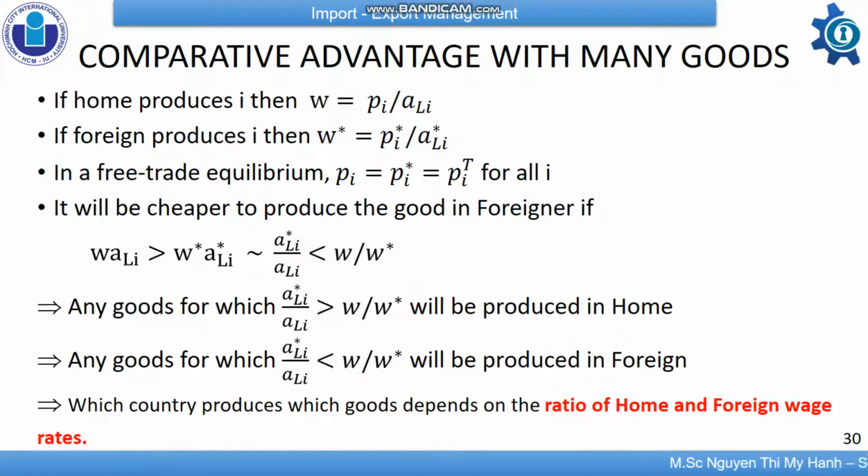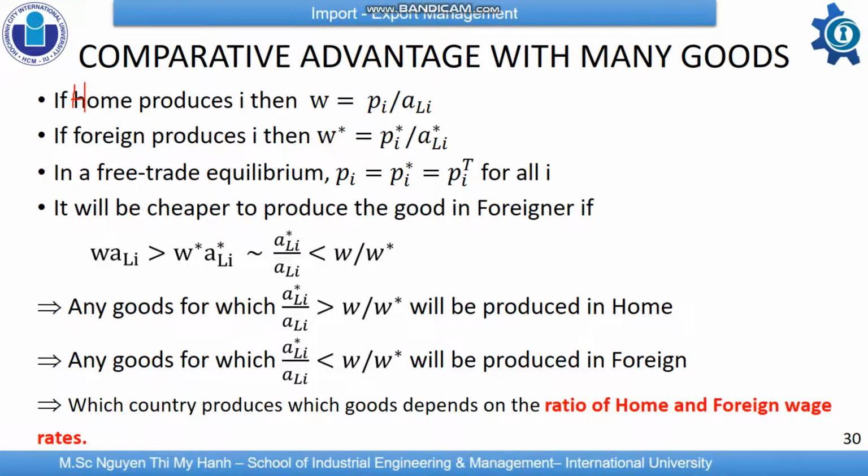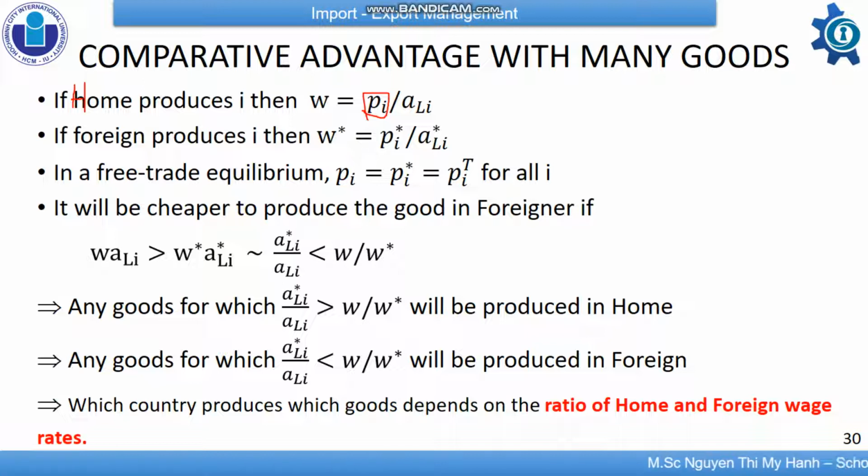So if the home country produces i, then the wage in home is equal to P_i divided by a_Li, where P_i is the price of product i and a_Li is the unit labor requirement for product i in the home country.